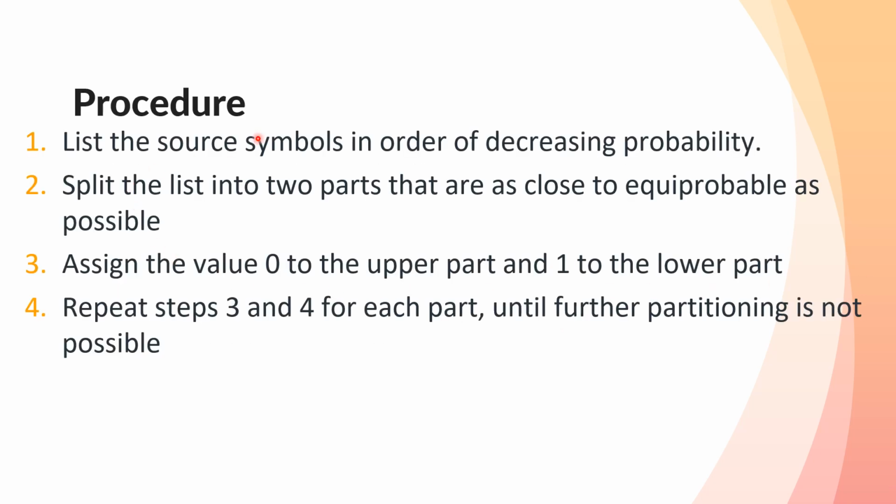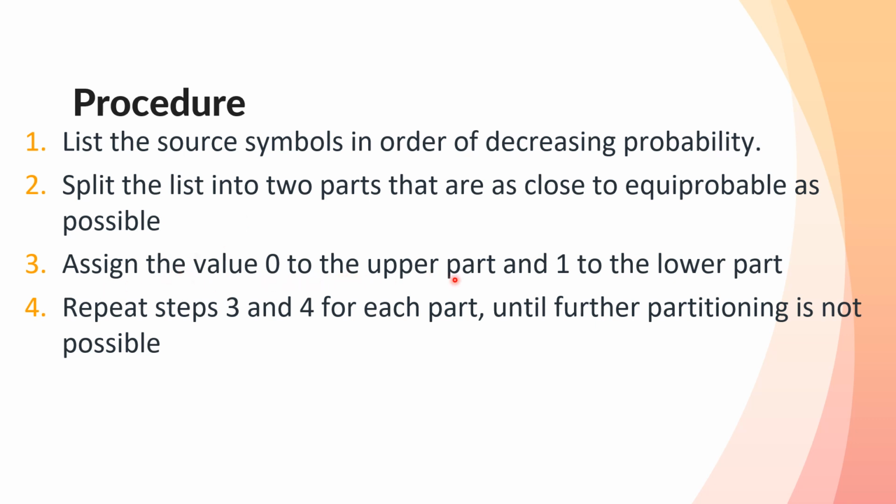The procedure to execute the Shannon-Fano coding technique: list the source symbols in order of decreasing probability. Whatever probabilities are given for the symbols, we have to arrange them in decreasing order. Split the list into two parts that are as close to equiprobable as possible. When we are dividing, the probability difference between the two parts should be minimum.